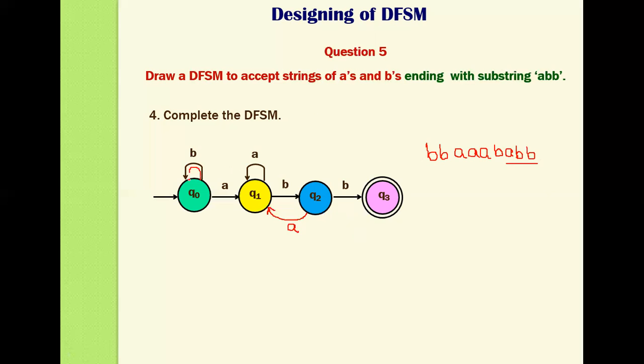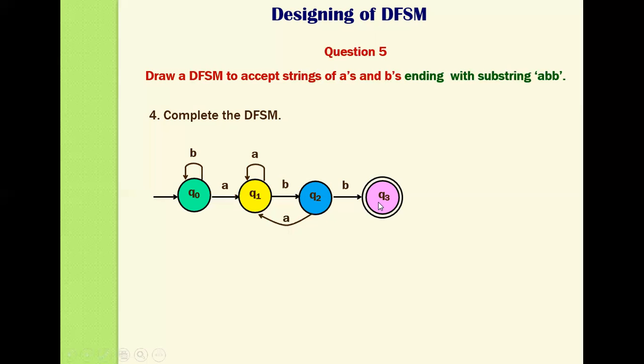Then A, one A, then two A's, so self loop A, then B, then A, so I can come back, A, then B, then B, it has reached the final state. So that means the backward transition is working. So Q2 upon A is done, Q2 upon B is done.